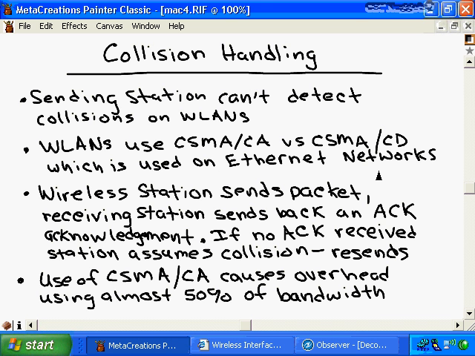However, if two nodes on the network attempt to transmit simultaneously, that's going to cause a collision. And when a collision has occurred on an Ethernet network, the nodes will attempt to retransmit their frames at a random offset time, also known as a backoff period.